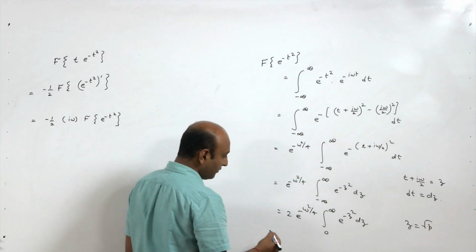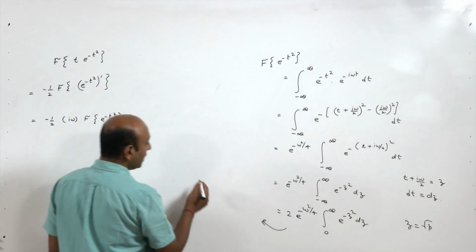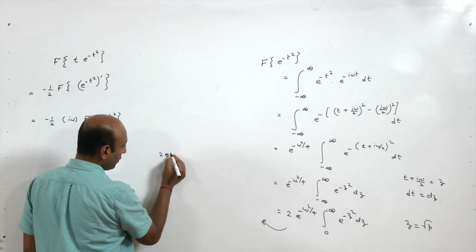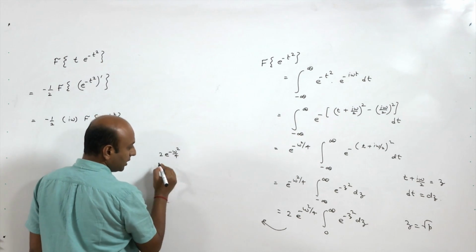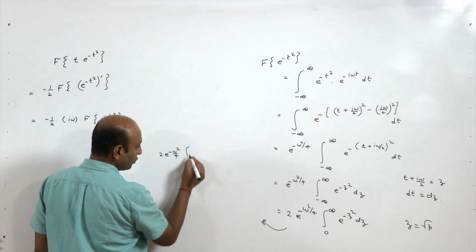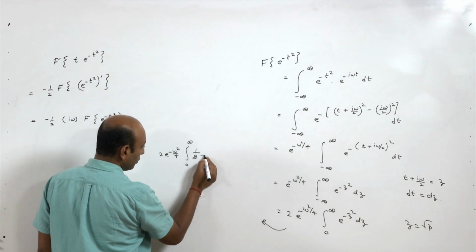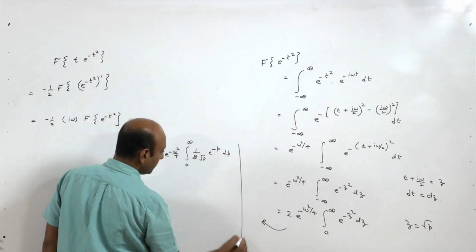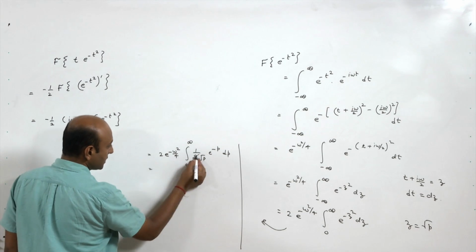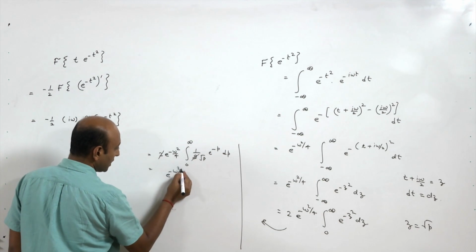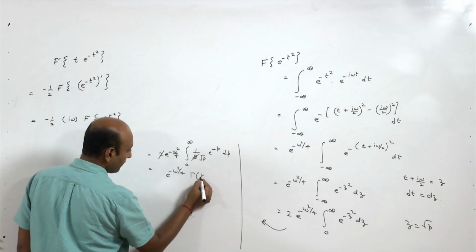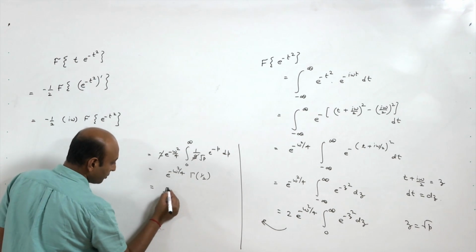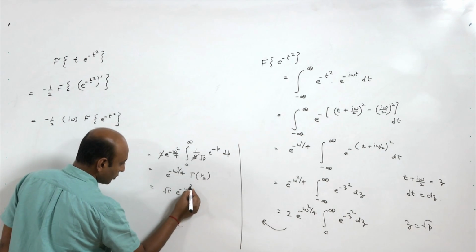So, this integral will give 2 e^(-ω^2/4) times the integral from 0 to infinity of 1/(2 under root p) e^(-p) dp, which is nothing but, 2 cancels out, e^(-ω^2/4) and gamma half by the definition of gamma function. So, this is nothing but under root pi e^(-ω^2/4).